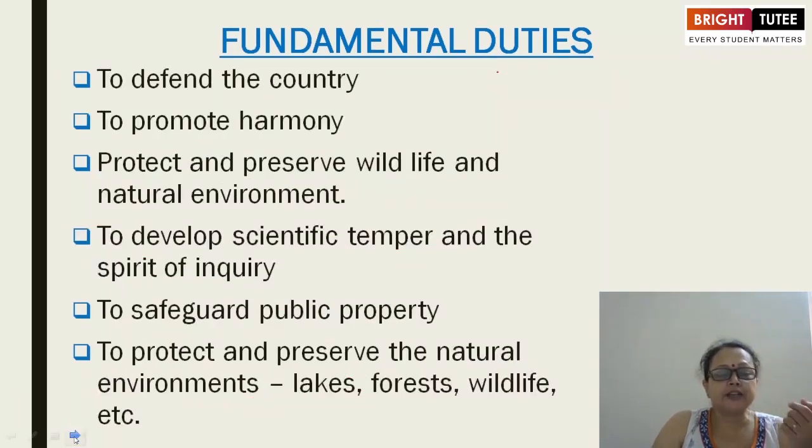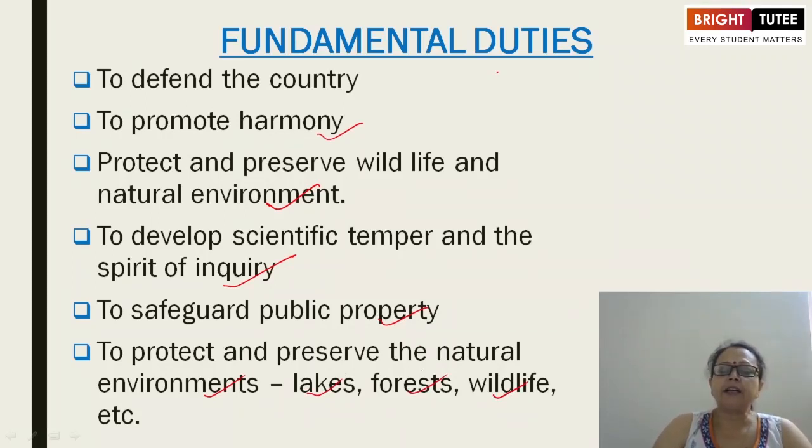To defend the country, to promote harmony, to protect and preserve wildlife and the natural environment, to develop scientific temper and the spirit of inquiry, then to safeguard public property, to take care of public property, to protect and preserve the natural environments, lakes, forests, wildlife, all these come under what needs protection.